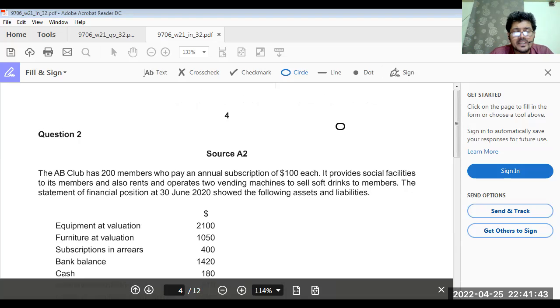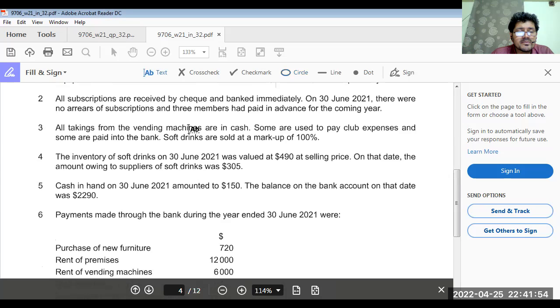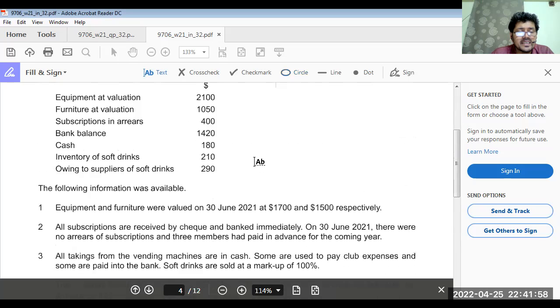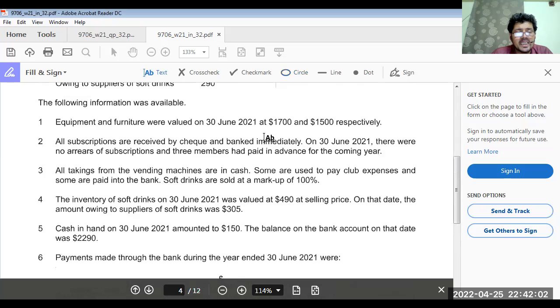The statement of financial position at 30th June 2020 shows the following assets and liabilities: equipment valuation, furniture, subscriptions in arrears, bank balance, cash, inventory of soft drinks, owing to suppliers of drinks. The following information is available. Okay. Let's see what we have to do.